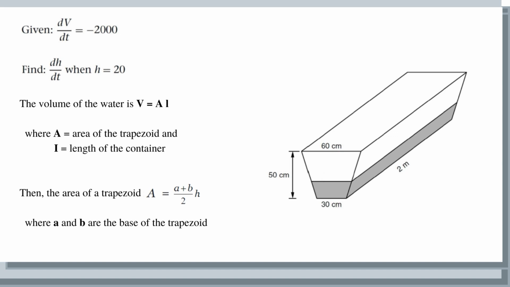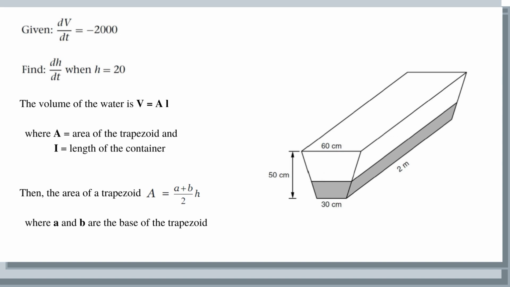This implies that the rate of change of the volume with respect to time t, dV over dt, is negative. The negative sign is used to represent the rate that is decreasing. So therefore, dV over dt is equal to negative 2,000 cubic centimeters per minute.